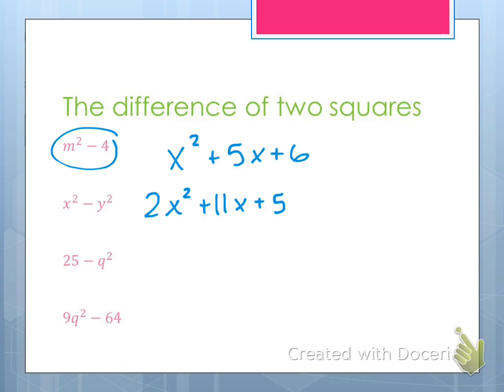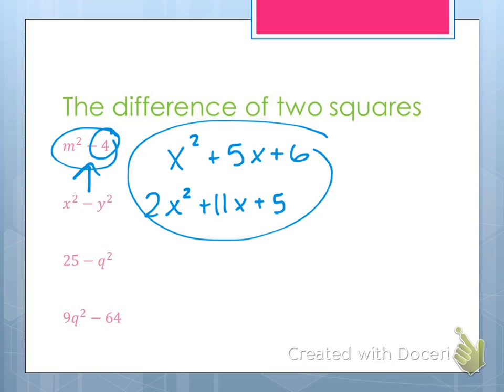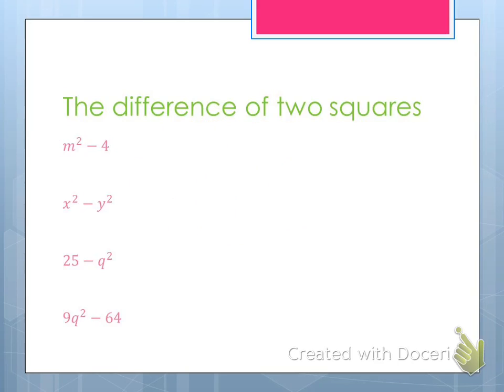This problem compared to these problems, what is this first one here missing? A B, a middle term, because C is always the number that does not have a variable, so it's missing this middle term right here. And the reason why is that middle term will cancel out, and you'll see what that means in a second.